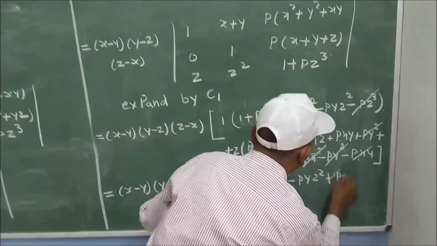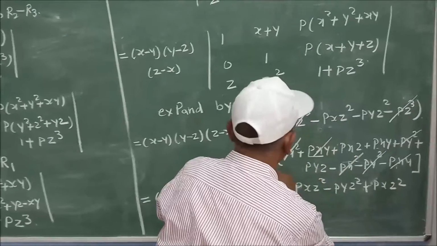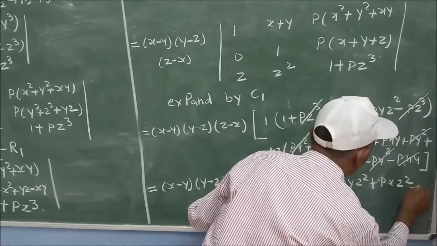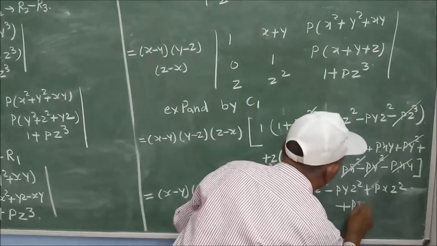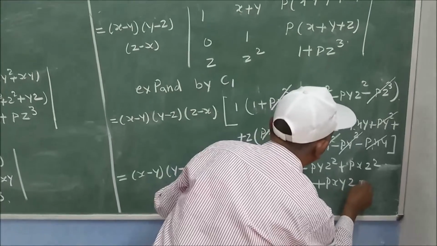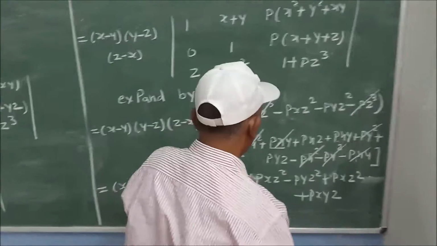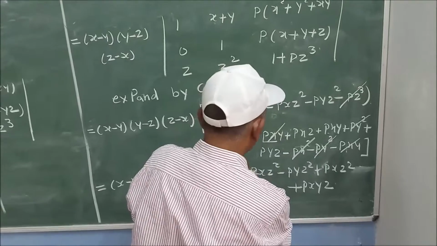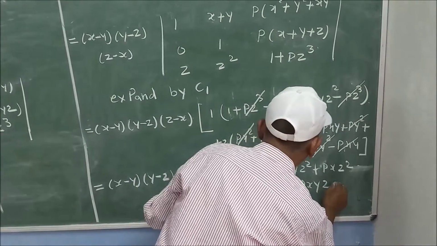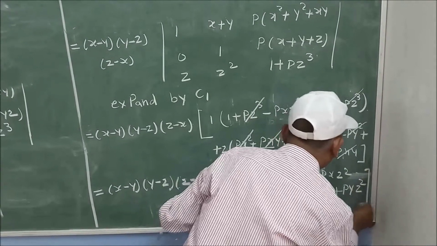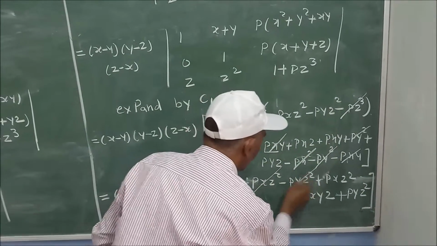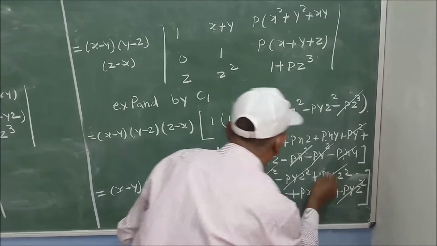So where is pxyz, z into multiply here 1 plus 1 minus, right here 1 minus pxz square minus pyz square plus z into this term. So this will be your pxz square and z into this term plus pxyz, and multiply z to this. So minus plus pyz square, and check here this pxz square and pyz square, these two will be cancelled.